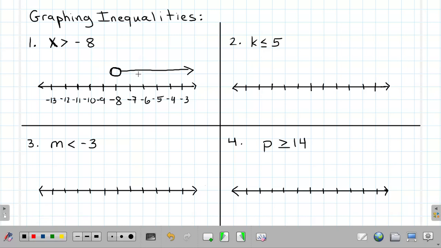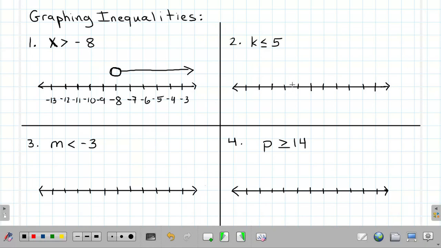What this tells us is there's actually an infinite number of answers to this inequality. What are some numbers that are bigger than -8? Well, -7, -6, -5, -4, -3. All these numbers over here, plus all the rest of the ones that you don't see that are to the right of -8. Things like 0 and any positive number.